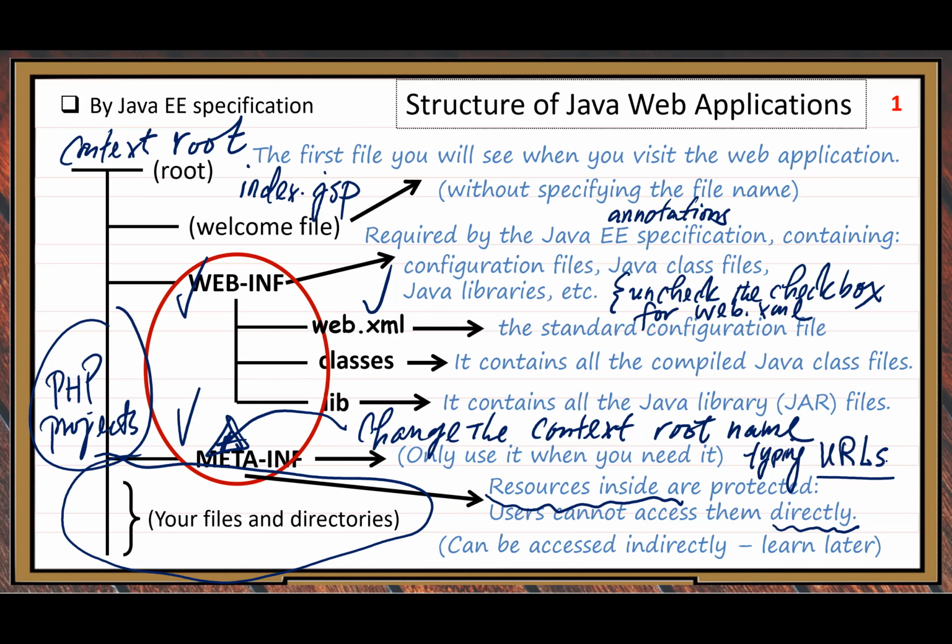You call some other resource that you can access with a URL, but that resource can access the protected file internally. That's the indirect way.